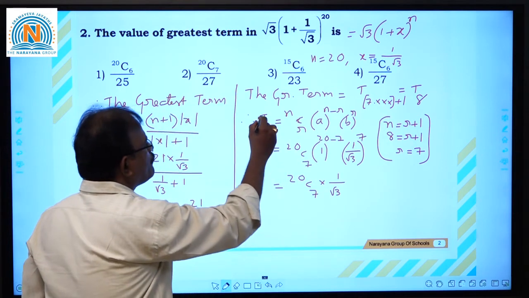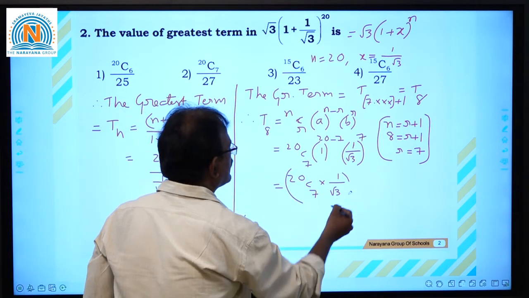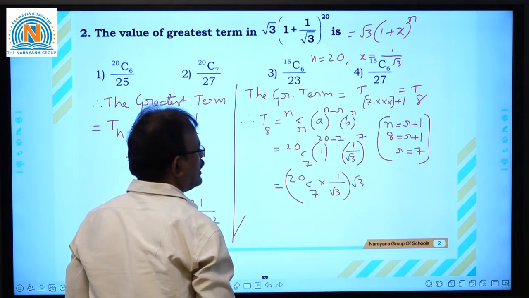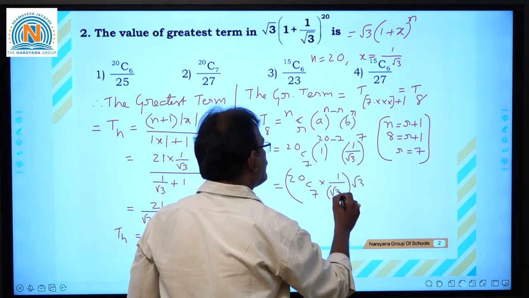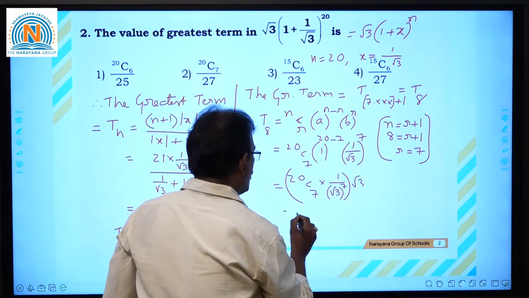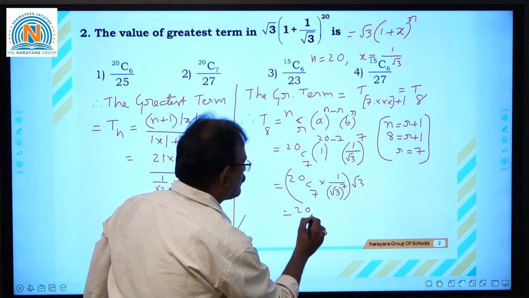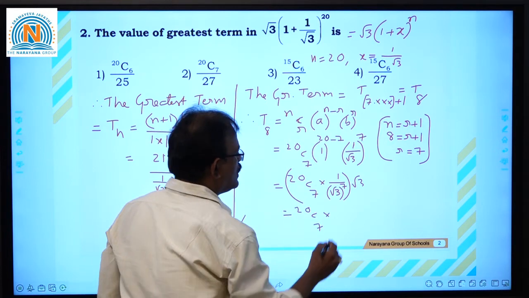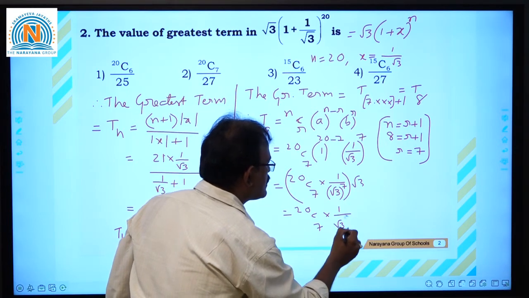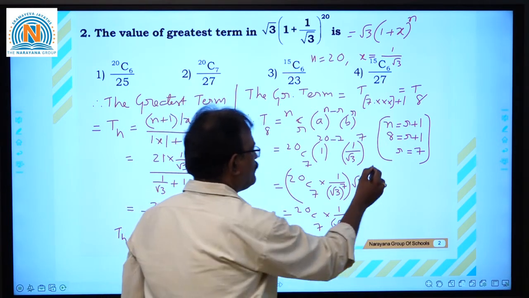So actually we want the greatest term for the expansion. Here we have root 3 also there. So this is 7 times out of 7 times. If you cancel 1 time, this is 6 times.